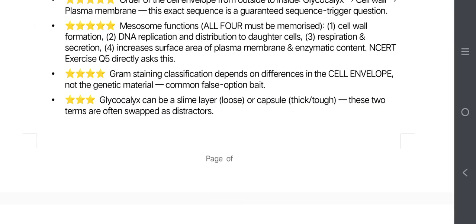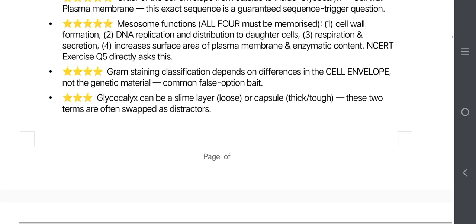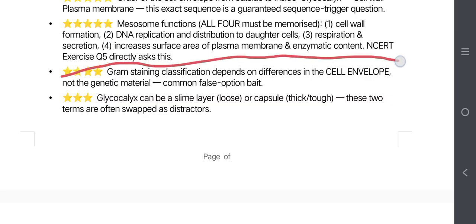Gram staining classification depends on differences in the cell envelope, not the genetic material. See this: Gram stain classification depends on differences in the cell envelope, not in genetic material.